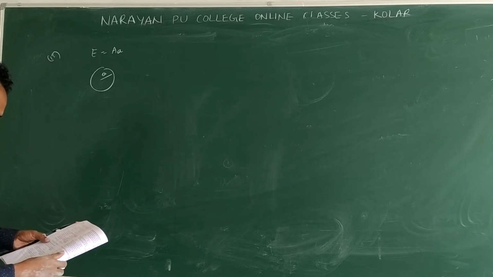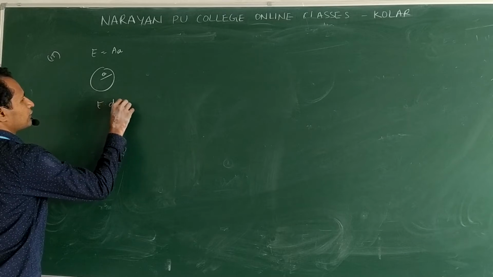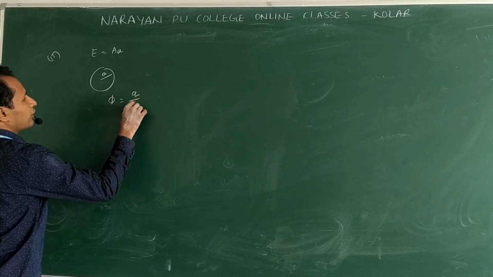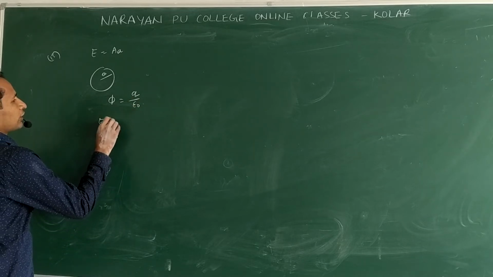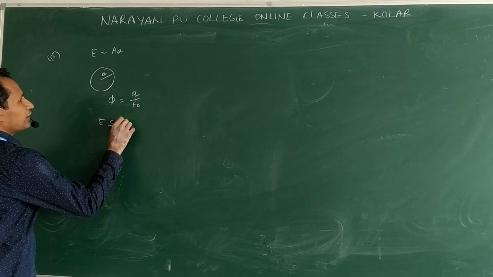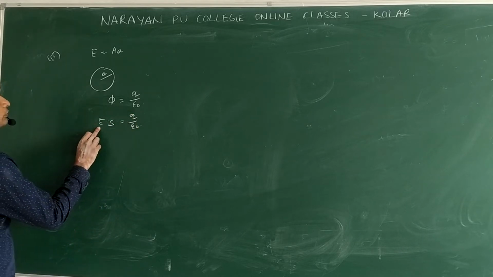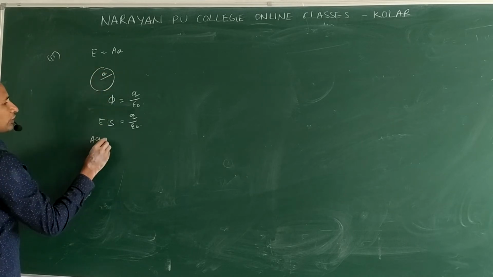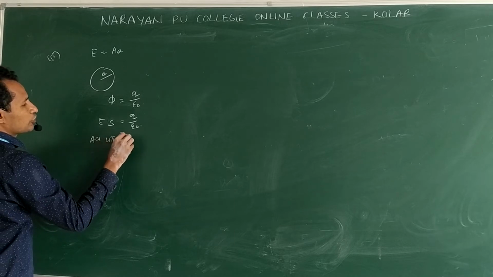We follow the Gauss law. Flux is equal to Q by epsilon naught. Flux we can write as E dot S, or ES, is equal to Q by epsilon naught. E is what? Ar, which is Aa. The surface area of this sphere is 4 pi a square.